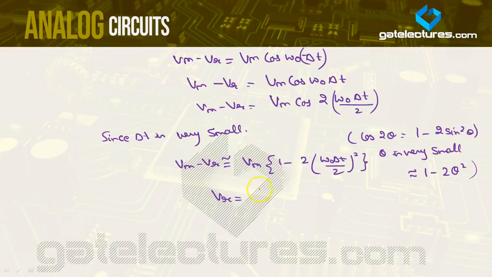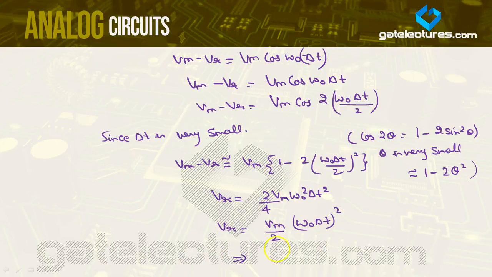What we are left with is this, 2 by 4 omega naught square delta t square, and Vm will be there. So we can say that Vr is equal to Vm by 2 omega naught delta t whole square.